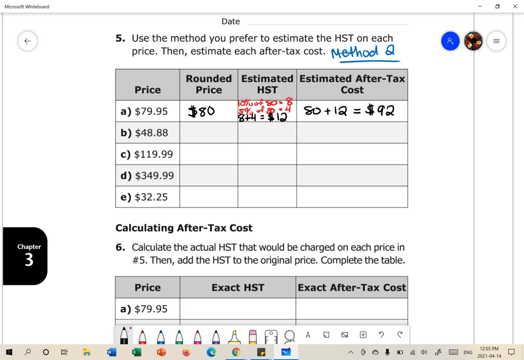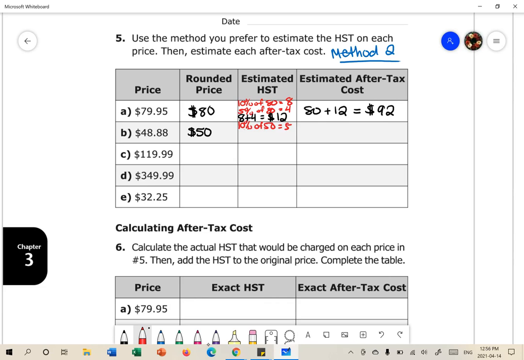Next, $48.88. Rounded price to $50. Okay, and then the estimated HST, 10% of 50 is 5.